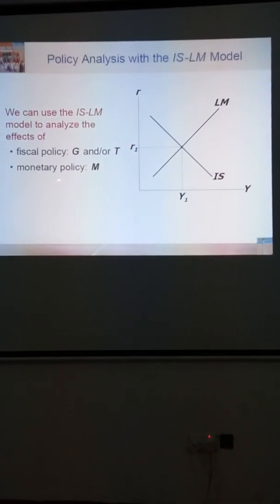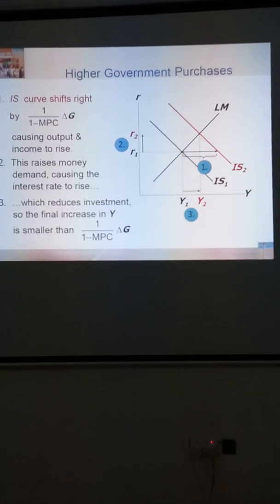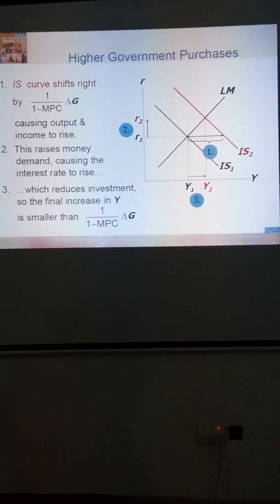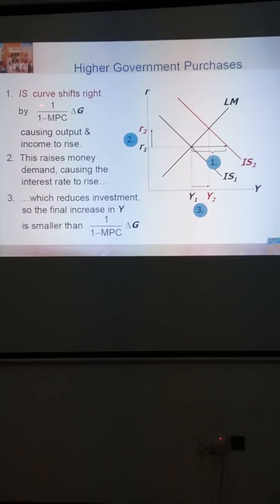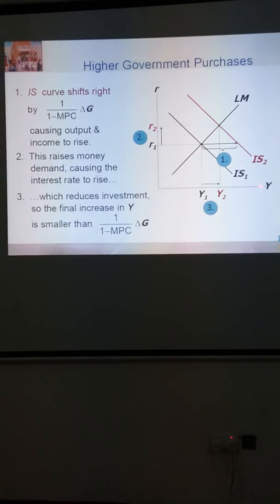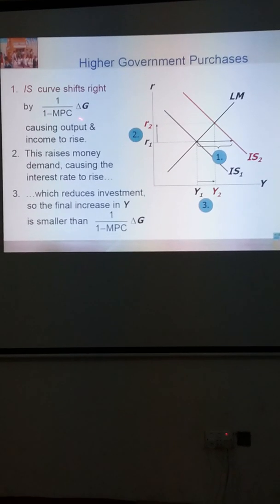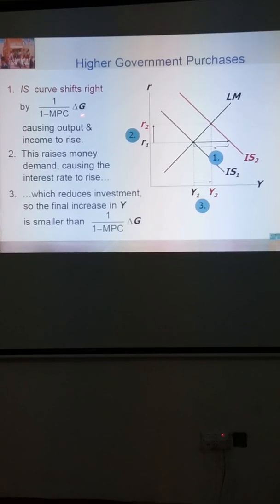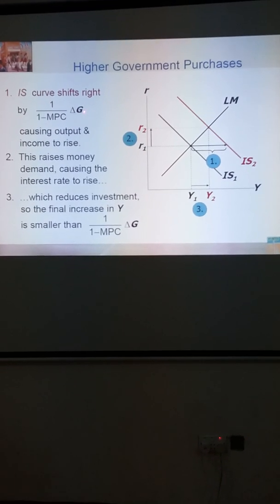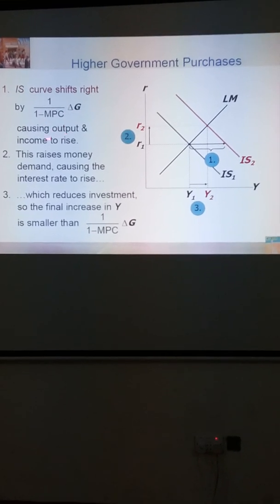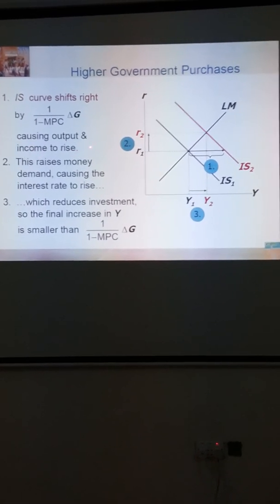We also have the monetary policy variable, M. We start with higher government purchases. This will shift the IS curve from IS1 to IS2, and the shift is by the magnitude of the spending multiplier multiplied by the increase in government purchases, or change in government expenditure. This will cause output and income to increase.